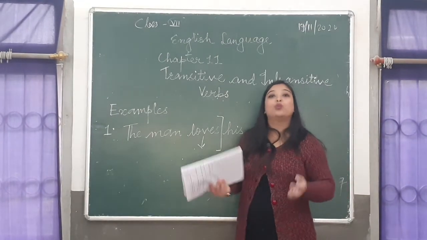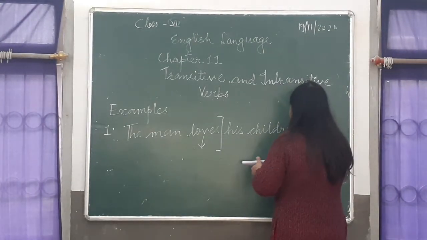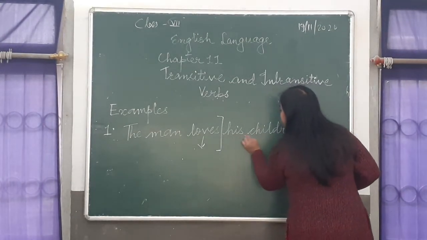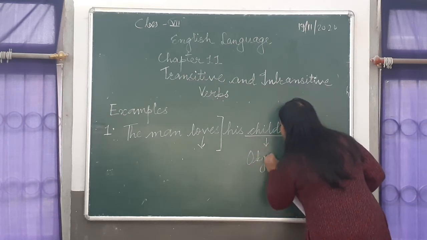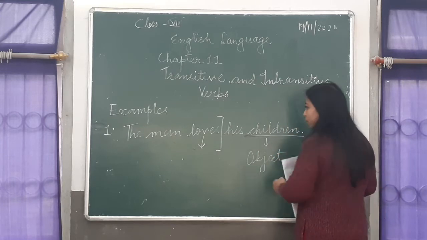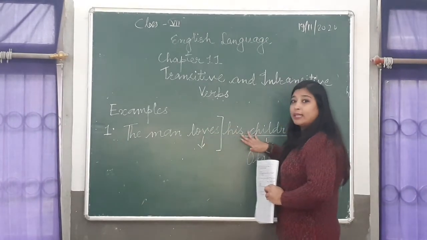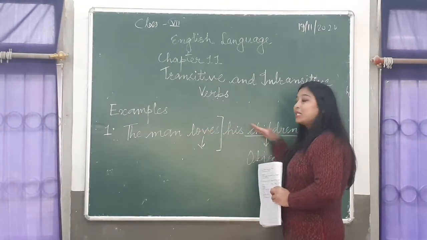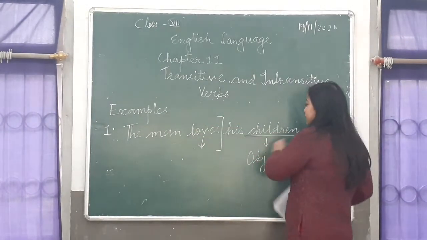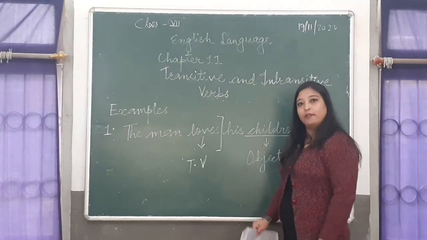Children is the object over here. So this verb needs an object to understand the meaning of the entire sentence. So this loves is known as the transitive verb.